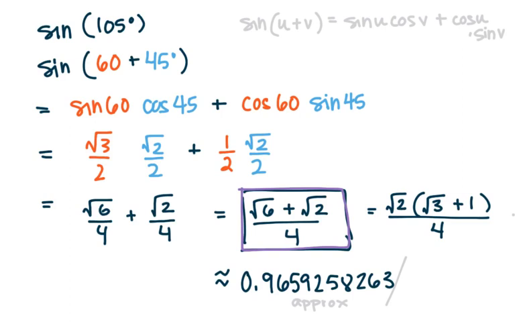So I hope that helps you understand how the sine and cosine sum and difference identities can be used and can be helpful. Sometimes we'll see them while we're solving. We will see them in proofs. Moving into Calc 1 and Calc 2 and Calc 3, you might see these trig identities hiding inside problems. So you want to be familiar with them and know how to recall or utilize them.